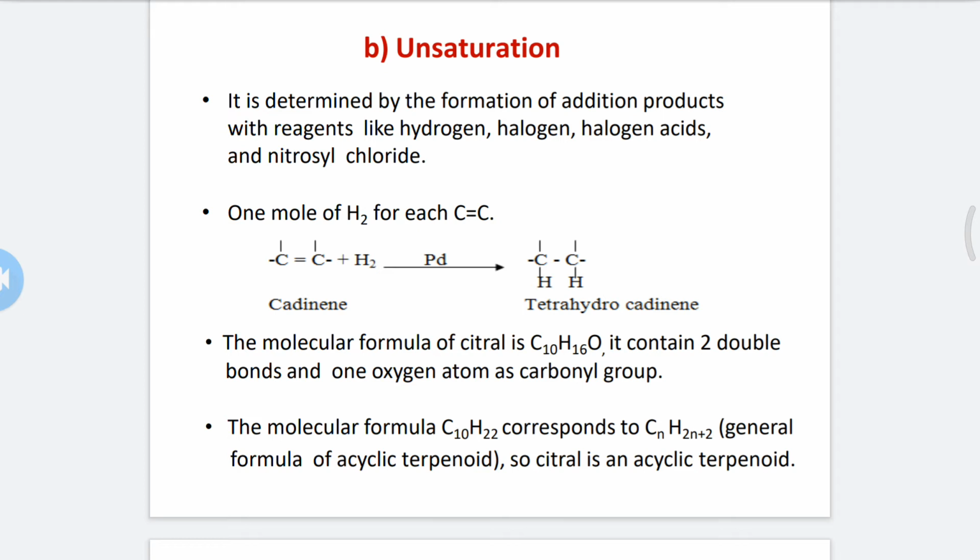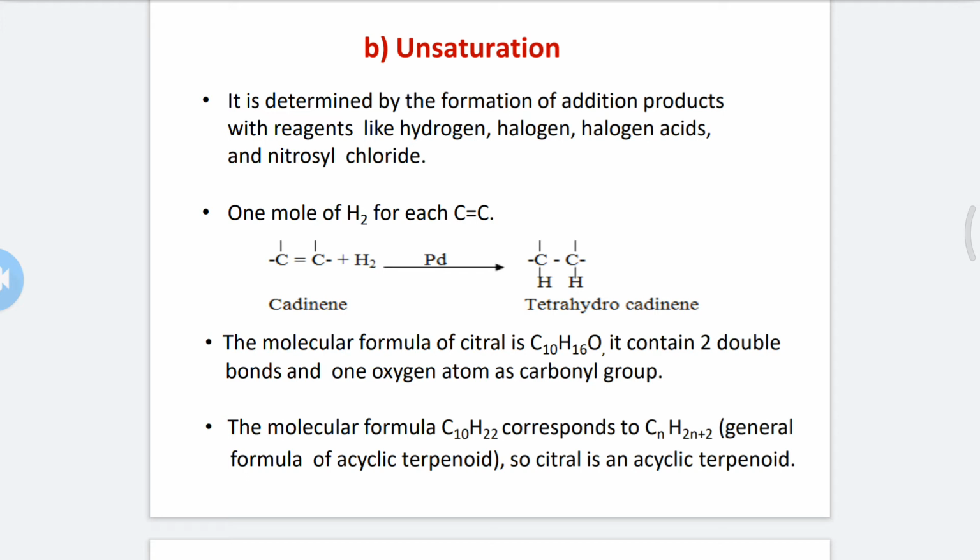The molecular formula of citral is C10H16O. It contains two double bonds and one oxygen atom as a carbonyl group.